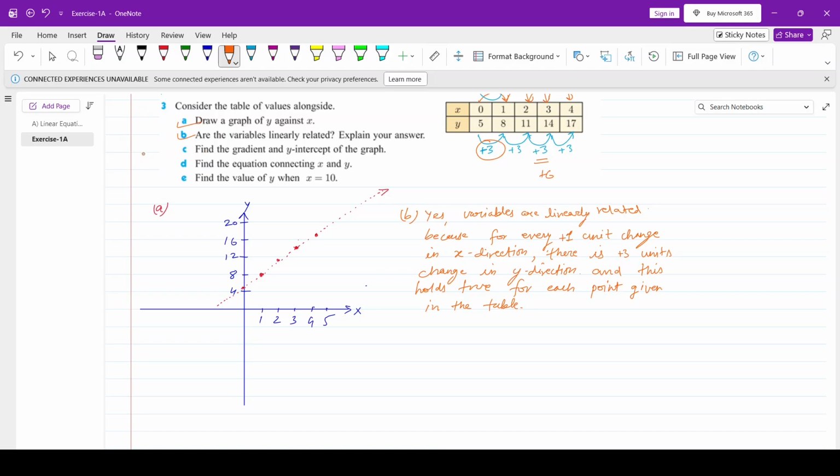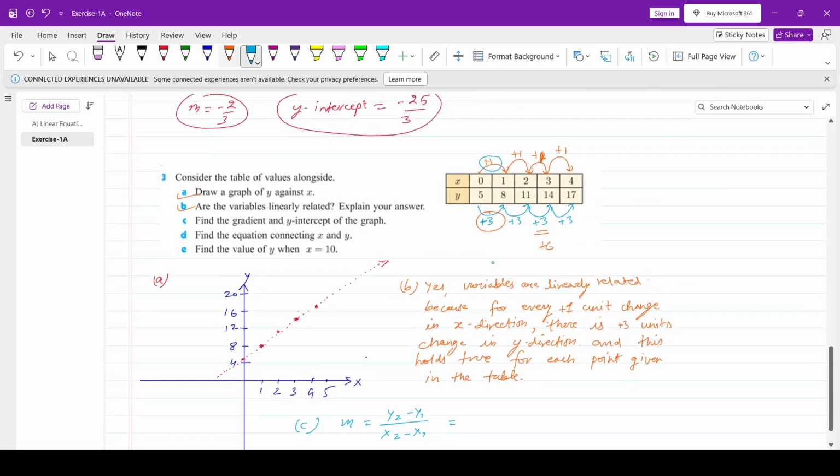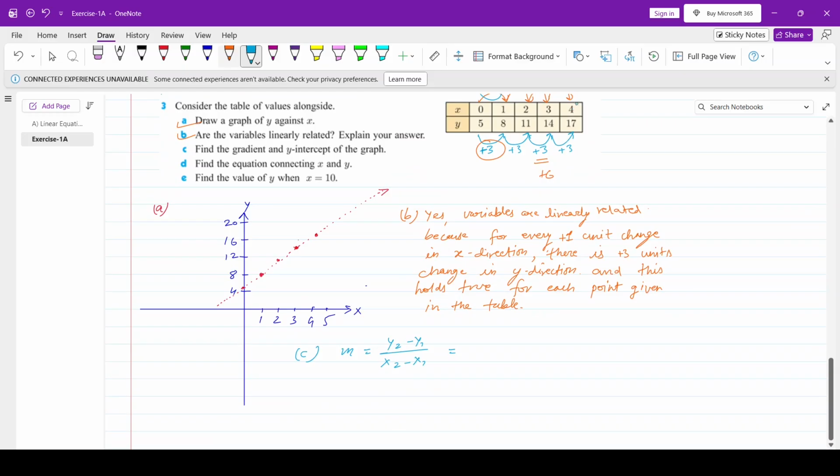So we have done this. Now moving on to find the gradient and y-intercept of the graph. Now for gradient, we can say m is equal to y2 minus y1 divided by x2 minus x1. Now from the table, you can take any 2 points, or any other combination of points.